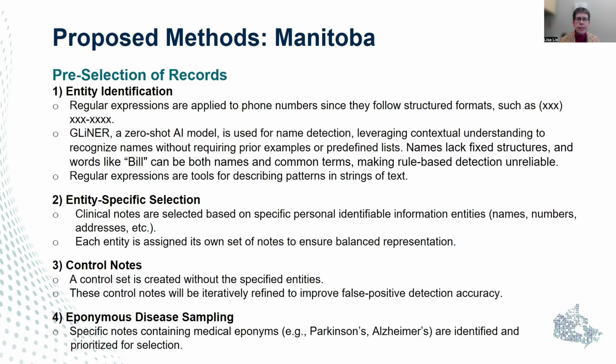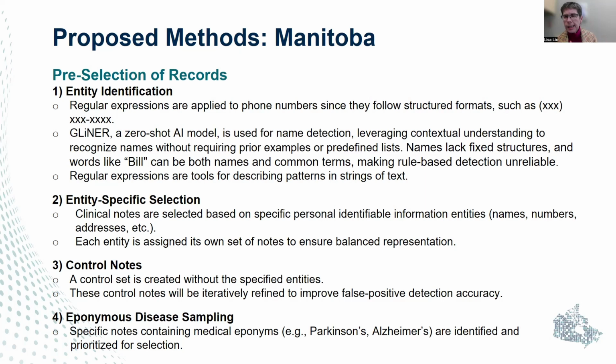Then the other piece of it is ensuring that we have control notes, those that don't have any kind of personal identifying information. So we want to be able to detect with our masking tool these different kinds of specified entities, but also ones that don't have any of this information, so that we can assess the false positive detection accuracy.